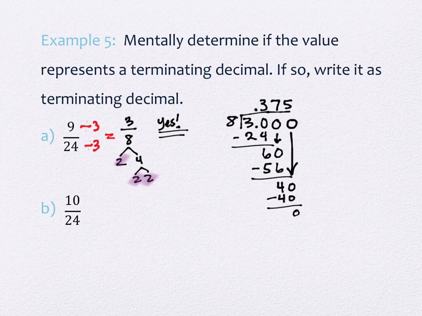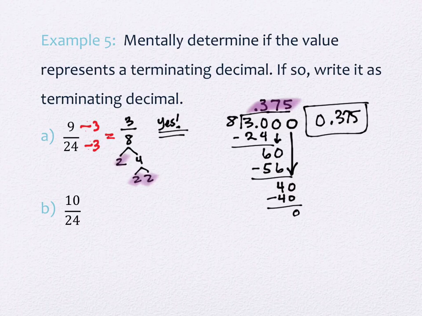So we are done. We're at 0 at the end. And the answer to our question is right here. So it's 0.375. If you want to put a 0 in front of that, like 0.375, that's fine. Doesn't matter. Either way will work just fine.